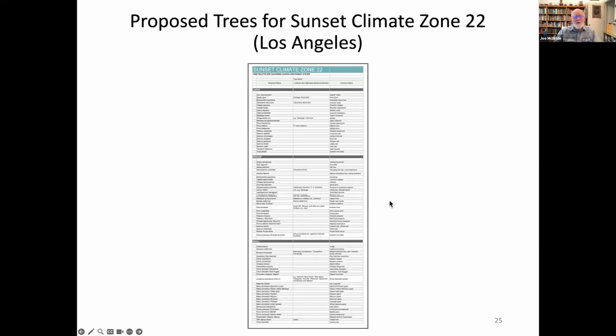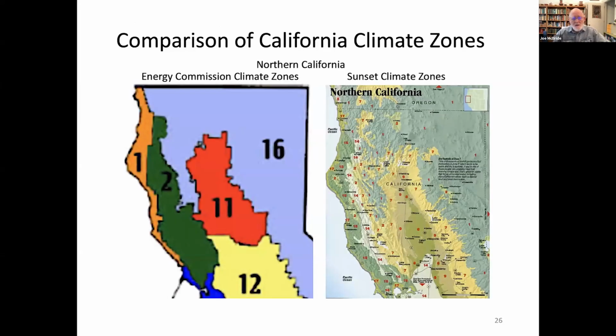Here again is the list of proposed trees for climate zone 22 in Los Angeles. And our assignment was to look at this list and see if there's anything there that is unlikely to survive due to increasing temperatures. So that required the comparison of the two climate zone approaches that had been used.